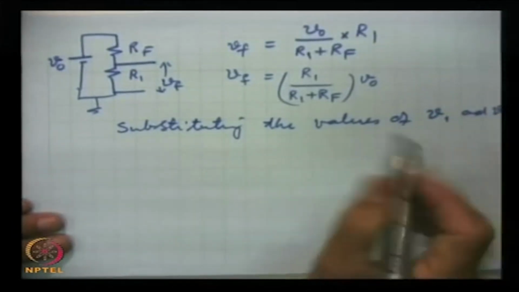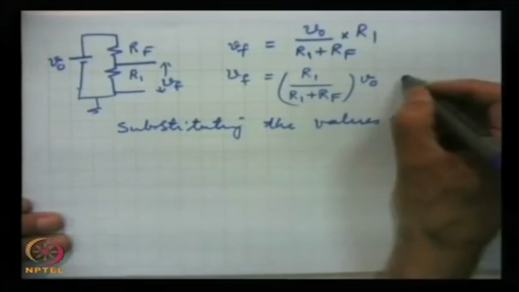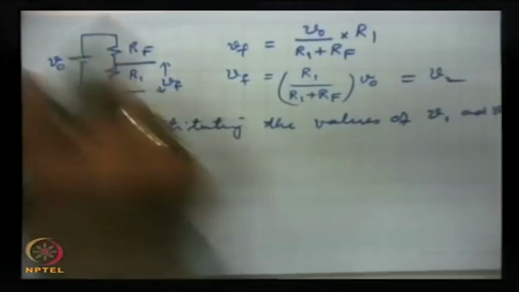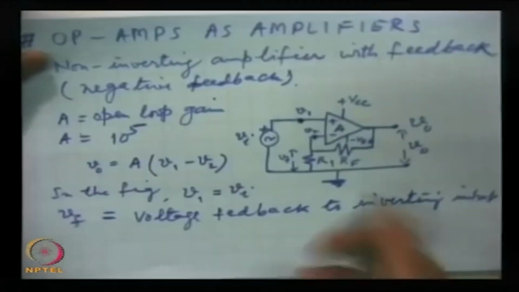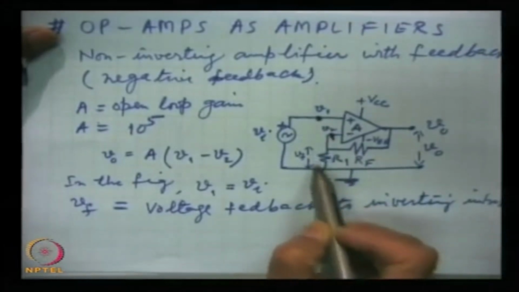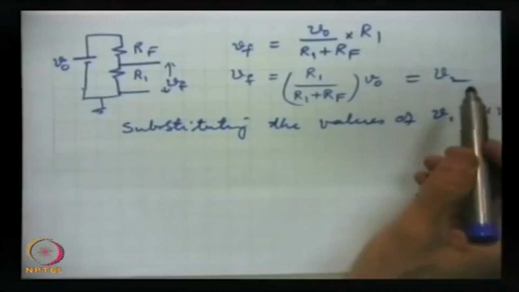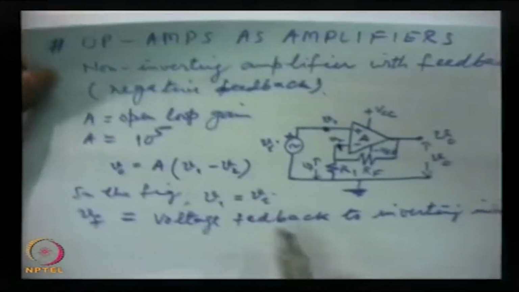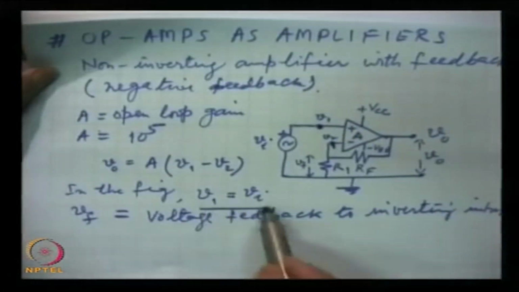This Vf is equal to V2. The voltage here with respect to ground is the same as voltage Vf. So, this is V2, and V1 we already have.